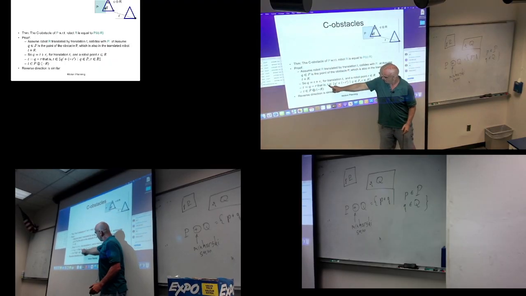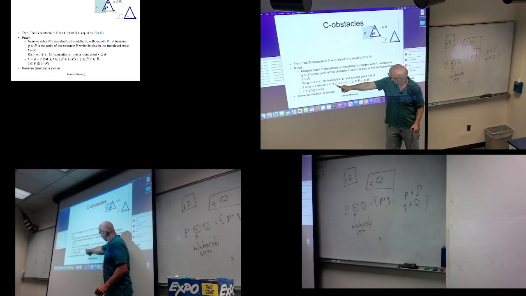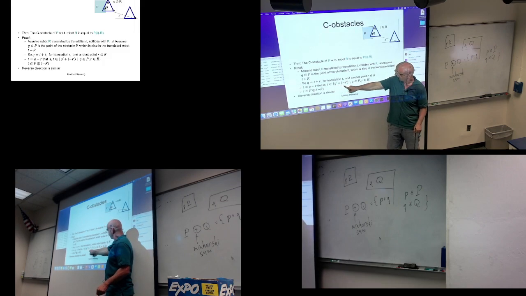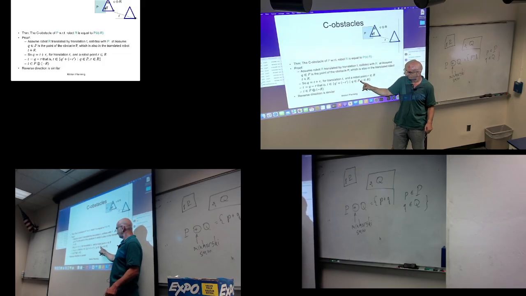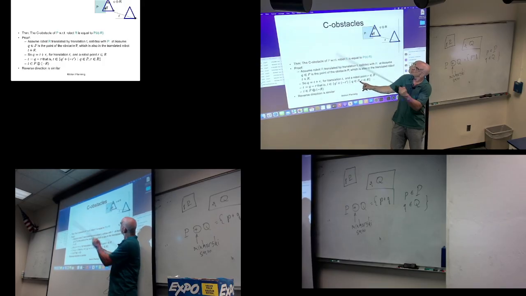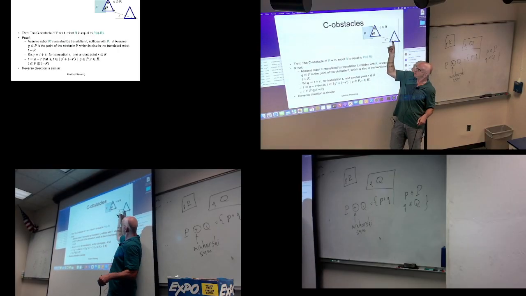That is, T must be in the set of all the points q' minus r', where q' is a point inside P and r' is a point inside the robot.